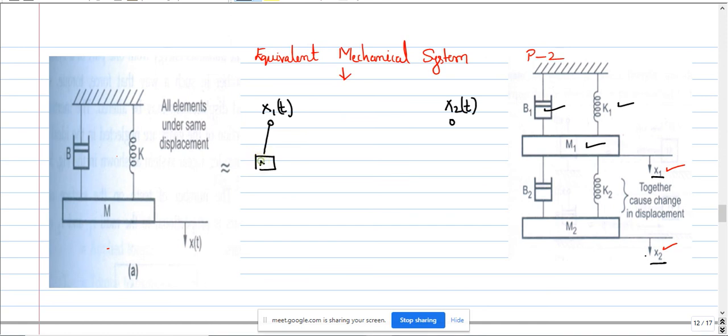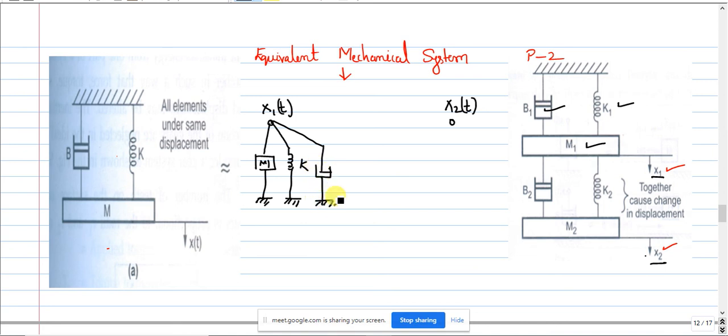Okay, m1, let me ground this. The second element is k1, and I have one more. So all 3 I will represent in parallel connection.